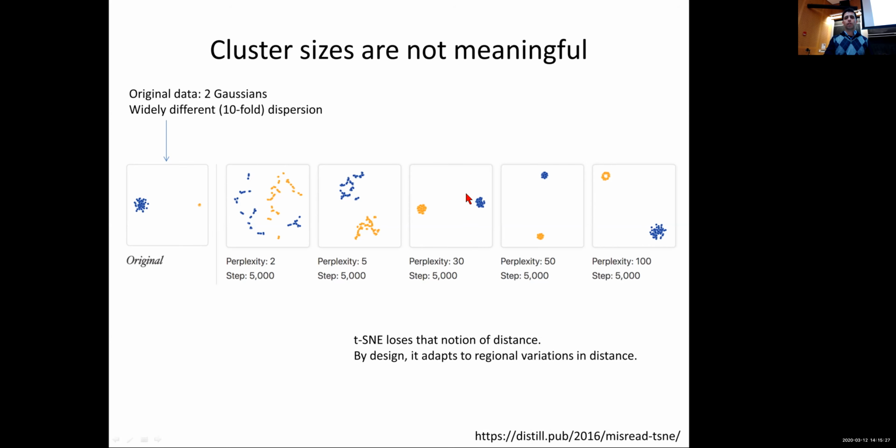You use an algorithm that's designed to do this. It seeks to make local variation matter, depending on where you are in the space. In places that are extremely dense, it uses a much more refined measure of distance.